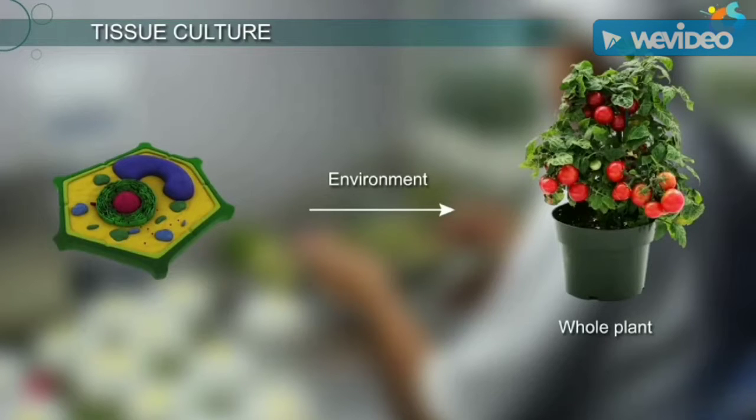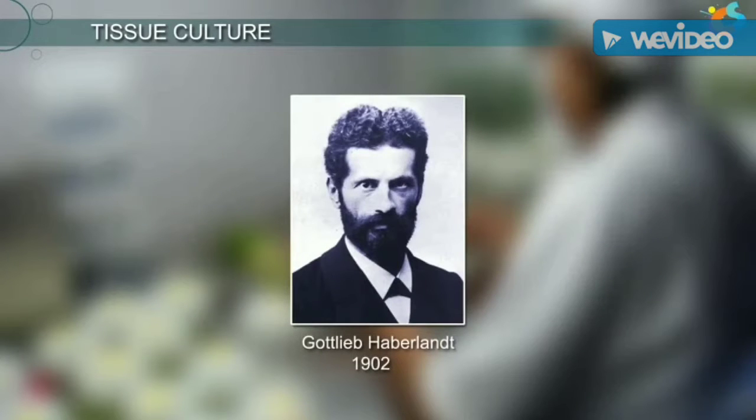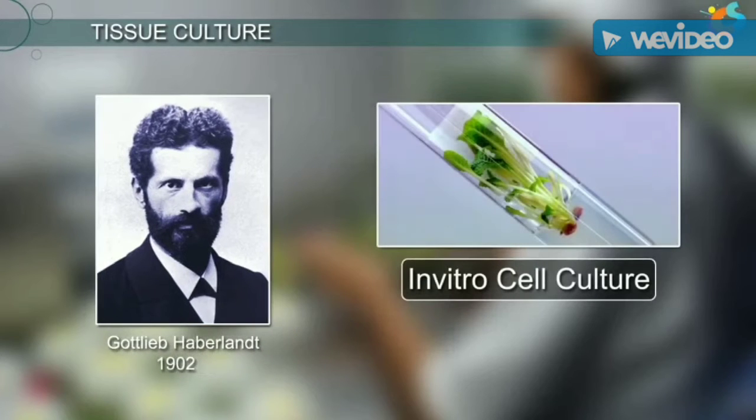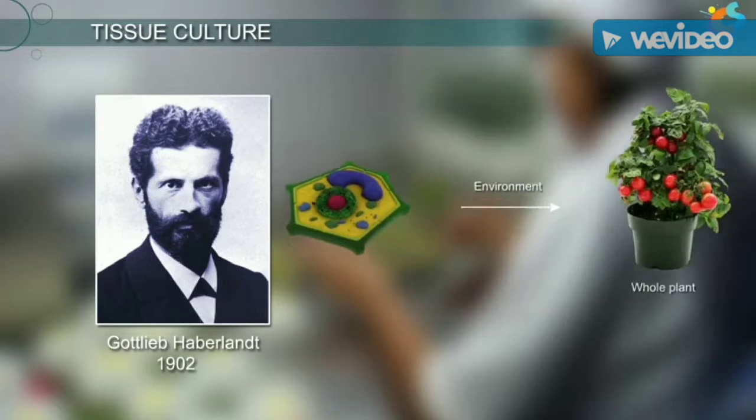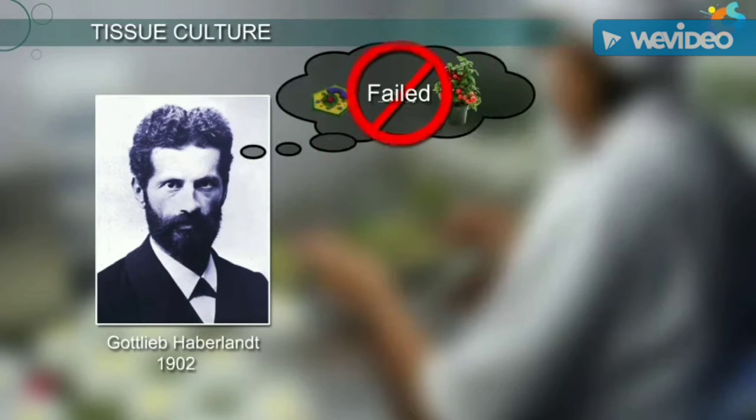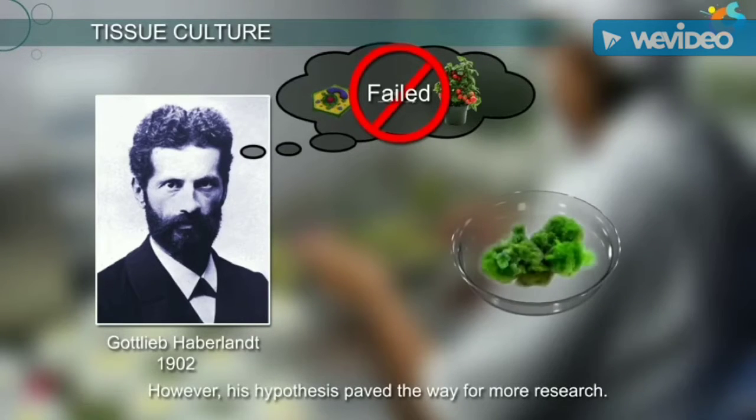Based on this theory, a German physiologist, Gottlieb Haberlandt, in 1902 developed the concept of in vitro cell culture, also called tissue culture. Cells in his experiment increased in size but failed to divide, due to which his predictions failed. However, his hypothesis paved the way for more research.